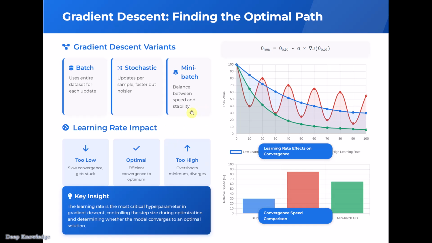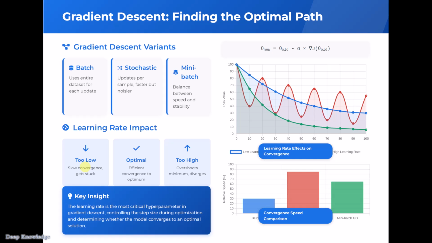But here's the tricky part: the learning rate, the step size you take on every move. If the learning rate is too low, your movement will be slow, maybe even getting stuck before reaching the bottom.